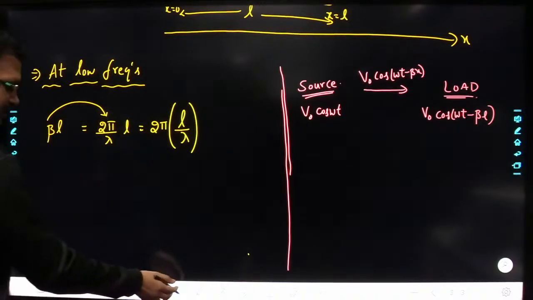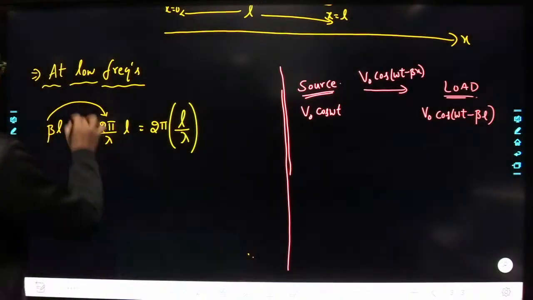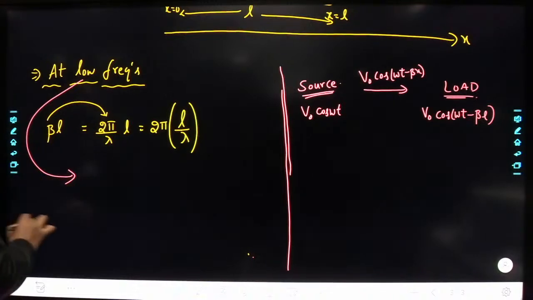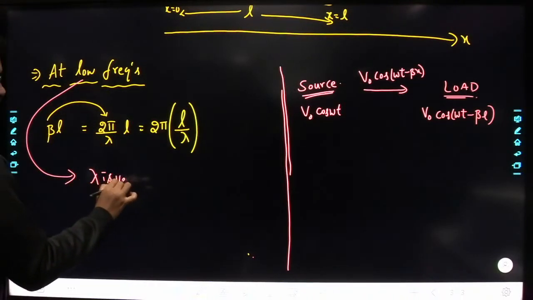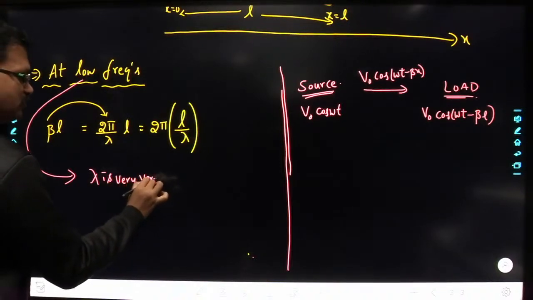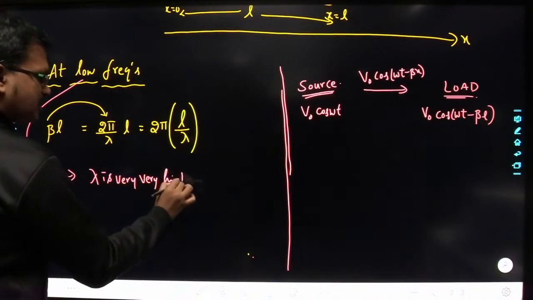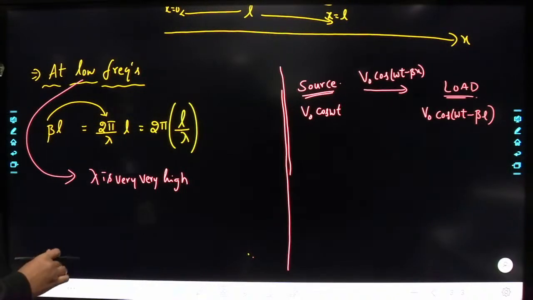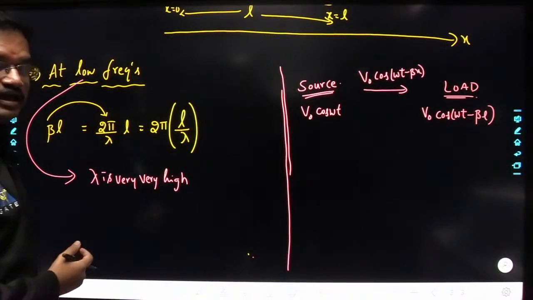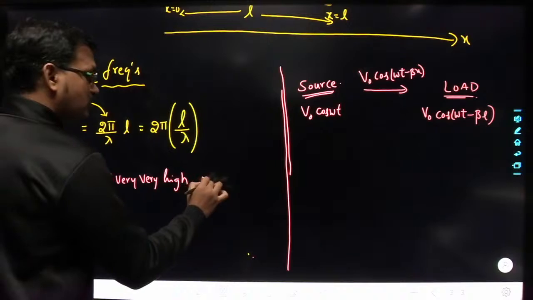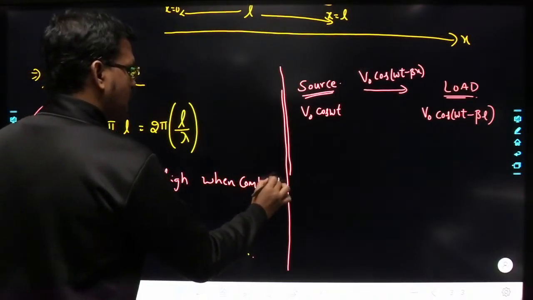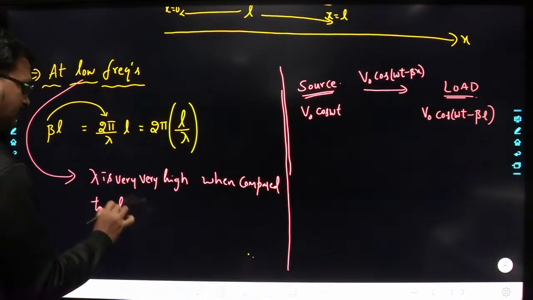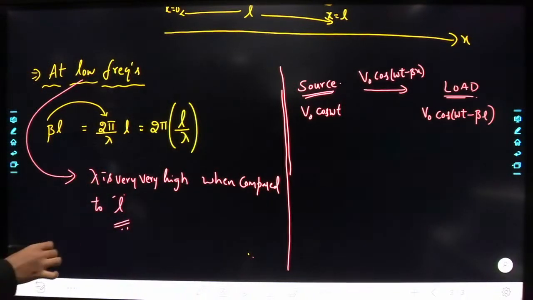Understood? I said low frequency here. Low frequency means the lambda value is very, very high. At low frequencies the lambda value is going to be very, very high when compared to L, that is the length of the transmission line.